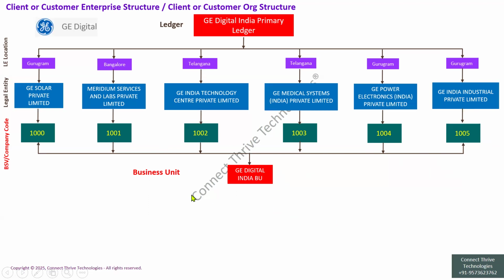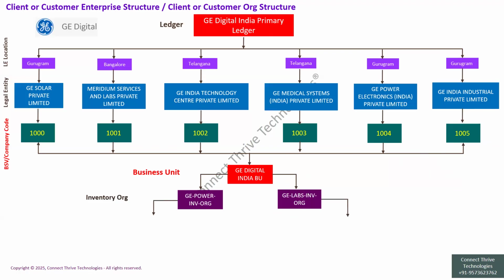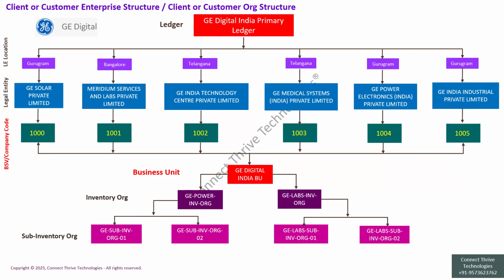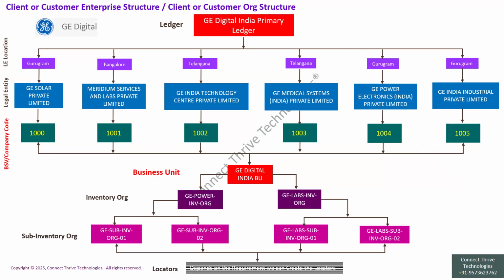They are not going to maintain multiple BUs. Okay, so under the business unit, yes, we have the option to create multiple inventory orgs or a single inventory org. Under inventory orgs, again we have options to create a single subinventory or multiple subinventories, depending on the requirement. At the same time we have options to create locators, depending on the requirement.